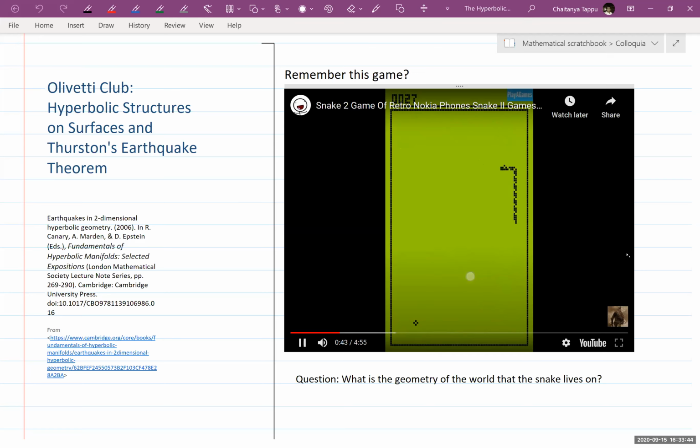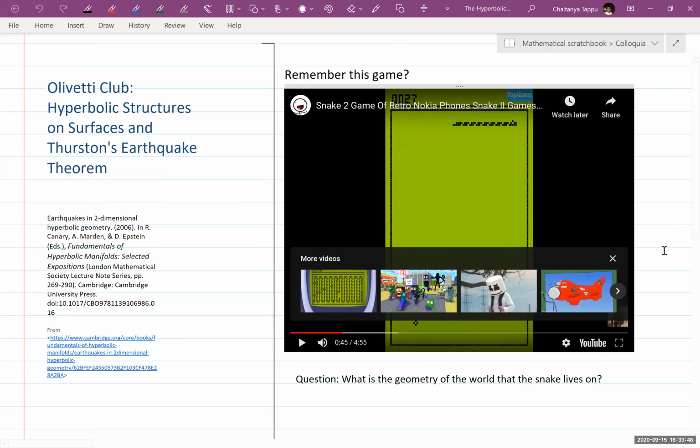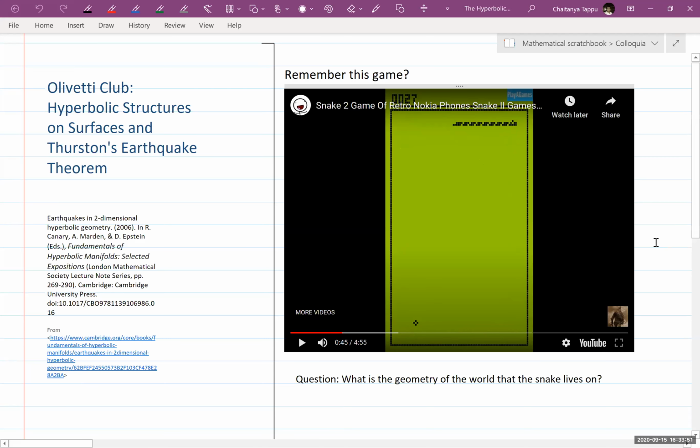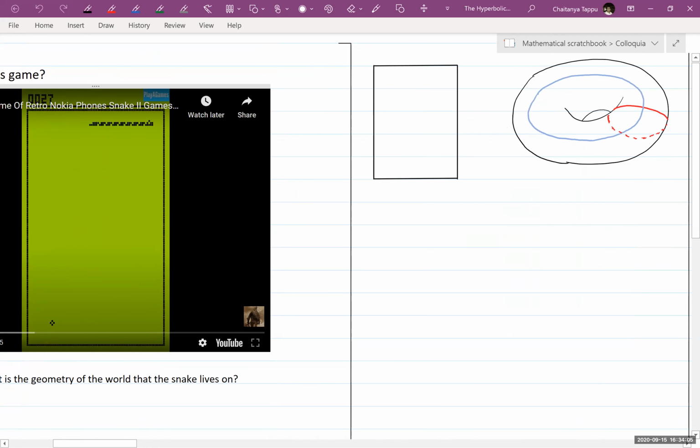Anyway, the question is, what sort of world does the snake live in? What is the geometry of this world? Oops, that gave the answer away. As you can see, the stuff on the screen is a square or a rectangle.